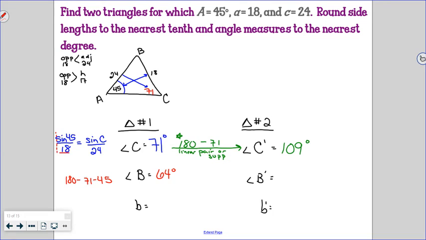Again, this is going to be used throughout every proportion in our entire problem. Sine of 45 over 18, that's not changing. Finding our side length here, go ahead and round to your nearest tenth.